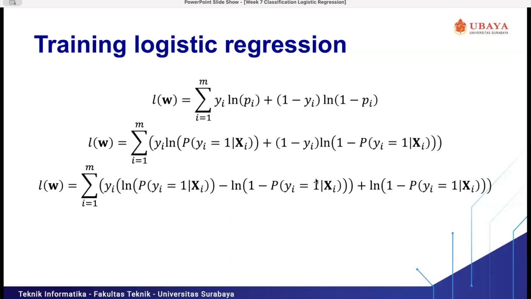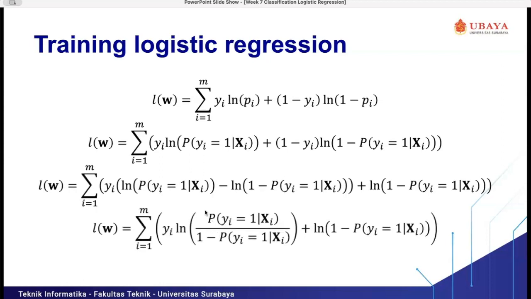We can simply put the Yi values to the left, because this one is also multiplied by Yi and this one is also multiplied by Yi. Then we multiply by the natural logarithm of this one and the natural logarithm of this one, plus the natural logarithm of this.